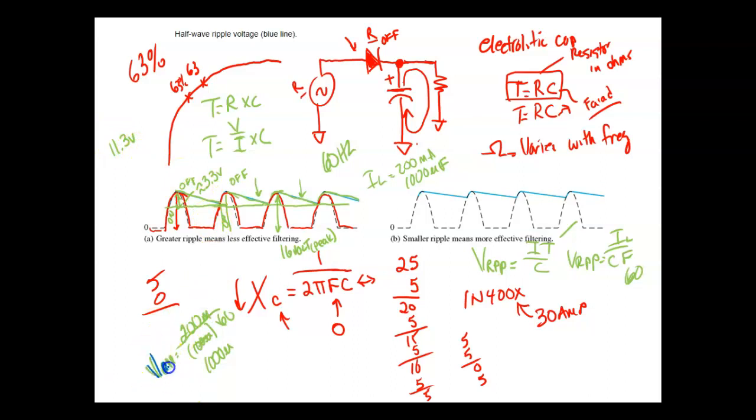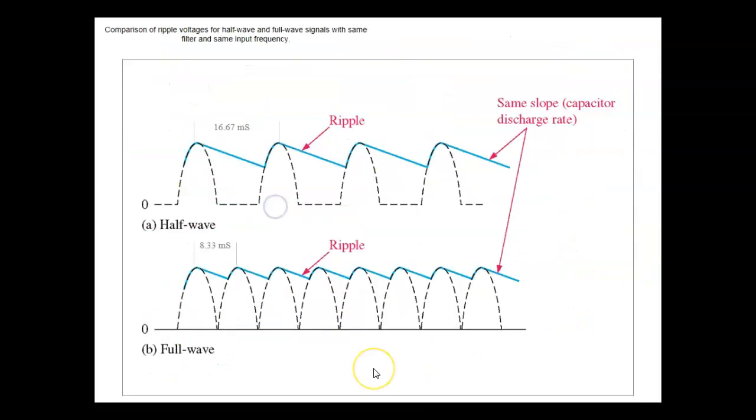So we came up with VR, what we call peak to peak, would equal 200 milli over 1,000 micro times 60, right? And when we ran through this, we got 3.3 volts peak to peak.